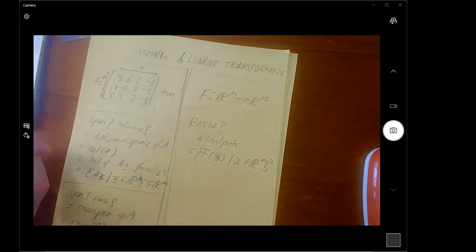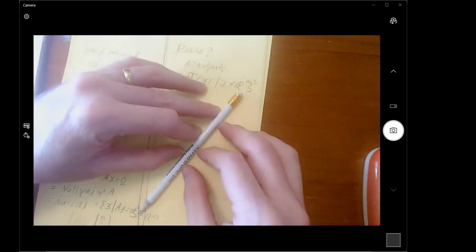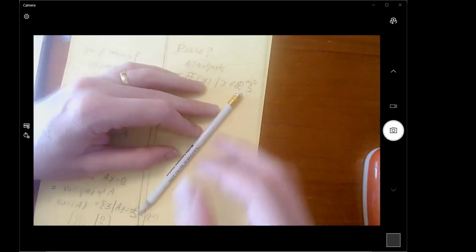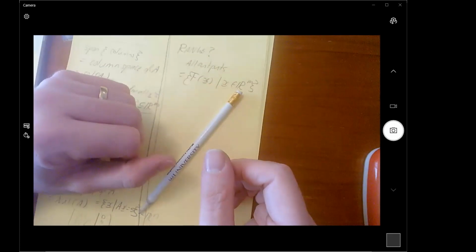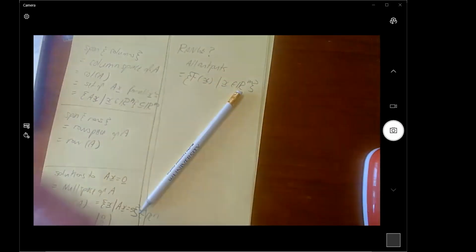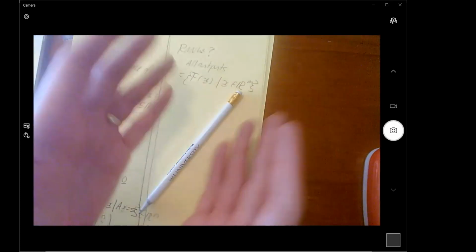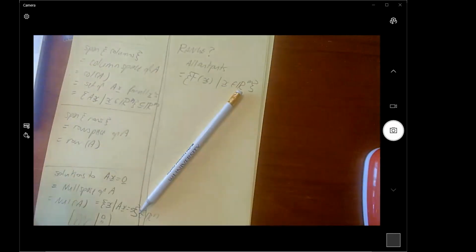So if you did a rotation, then everything that comes out, every point that comes out when you do a rotation, well, you can produce everything by rotating the plane. But if you squished the plane together, if you took a plane and you squished everything onto a line, then the range would be that line. And there are some linear transformations that don't just act inside R2, they change R3 to R2.